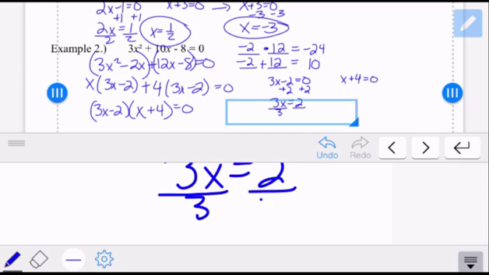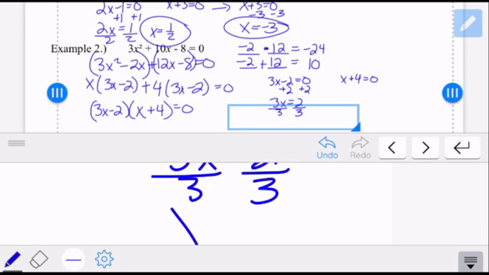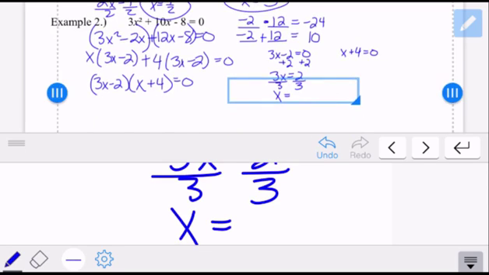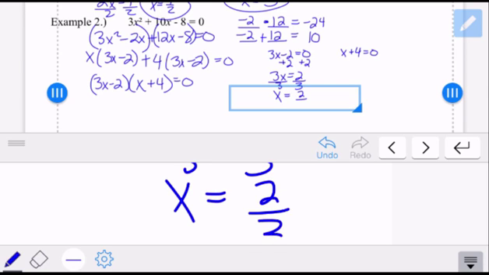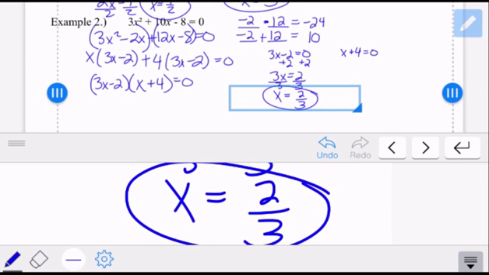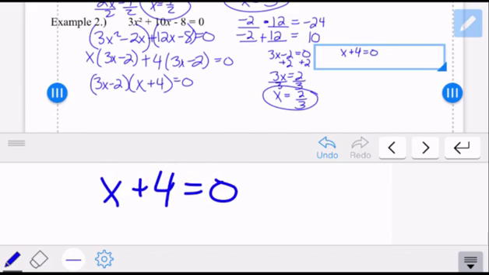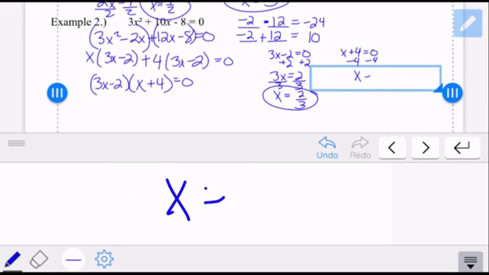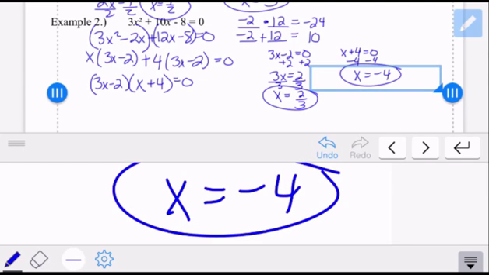Then we need to divide by the 3. So we would get x equals 2/3. So there's one answer. And here we would have to subtract that 4 over. So we would get x equals -4, which will be our other answer.